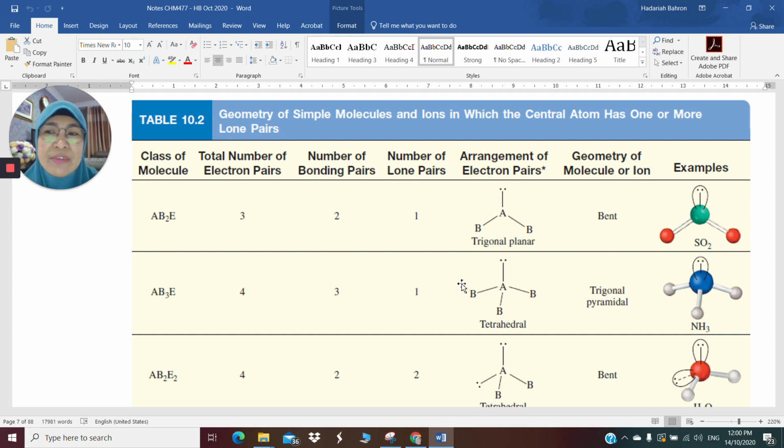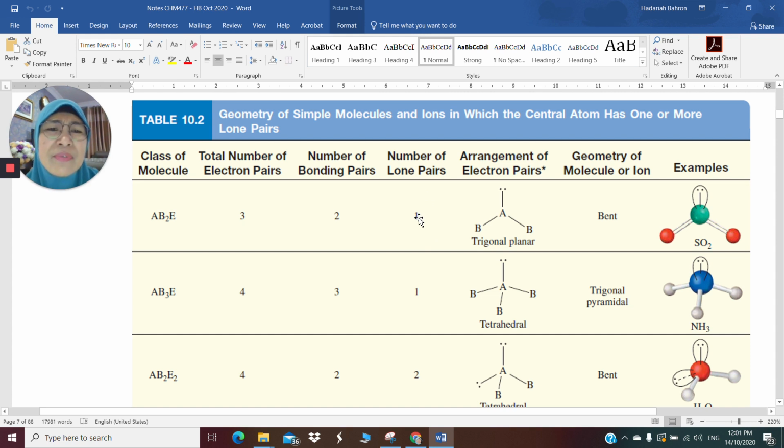So if you have a situation where you have A as the central atom, B as the bonding electron pair, and E as a lone pair of electrons, you have a total of 1, 2, and 3 electron pairs. 3 electron pairs. There are 2 bonding pairs and 1 lone pair. Now, what is the shape of the molecule if it has 1 central atom, 2 bonding pairs, and 1 lone pair?